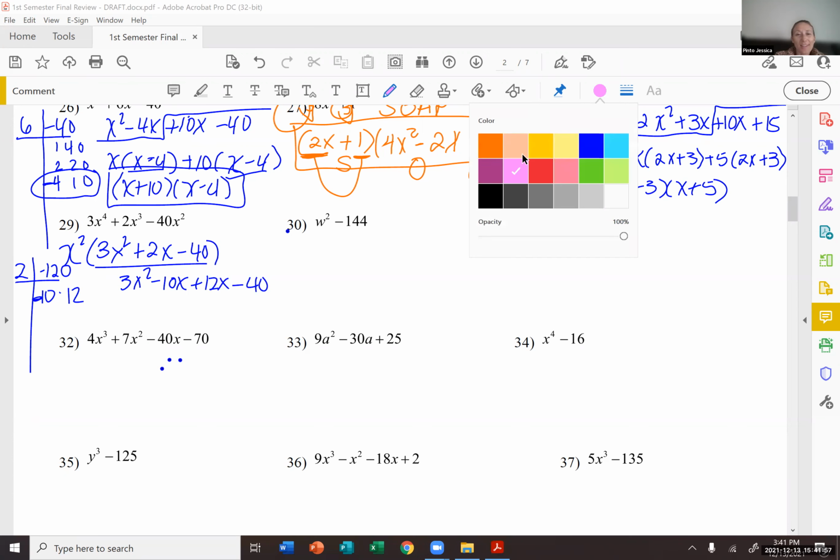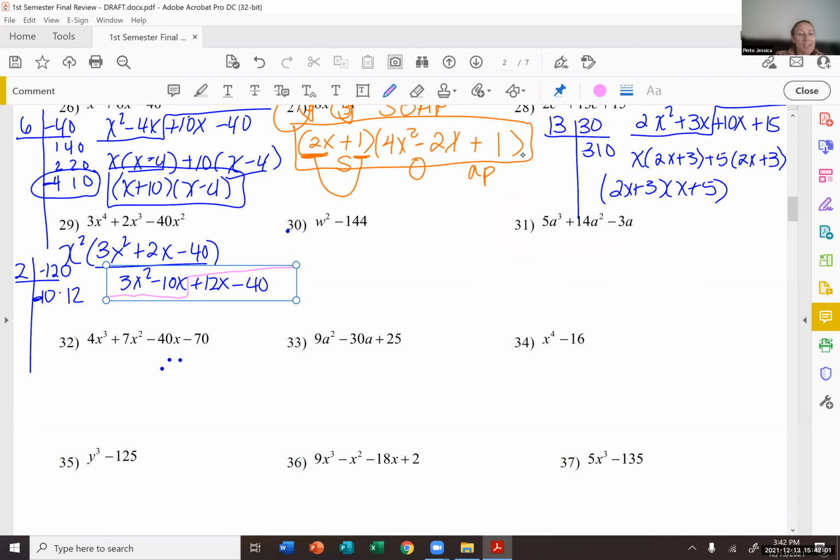Drawing the fence. I'm taking out the GCF of x, and it's 3x minus 10 plus, I can divide 12 and 40 both by 4. So 4, and then it is 3x minus 10, which is great.